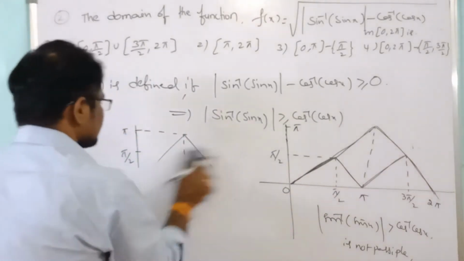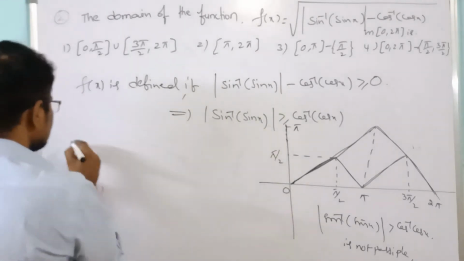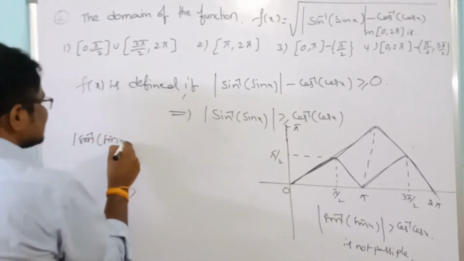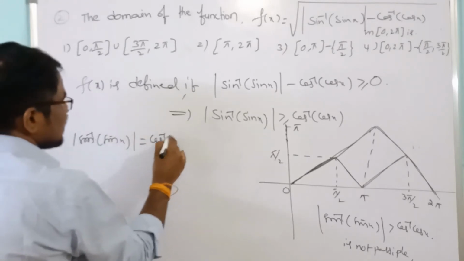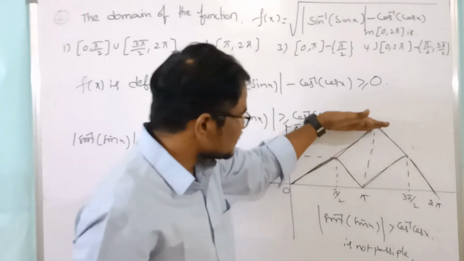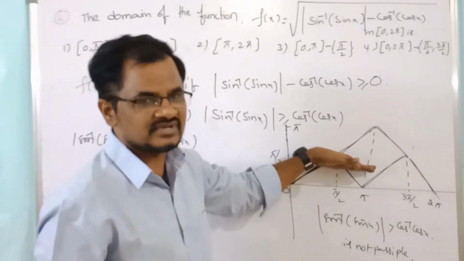So the only possible values of x are when modulus of sin inverse of sin x equals cos inverse of cos x, because here cos inverse of cos x is above the modulus of sin inverse of sin x, right?